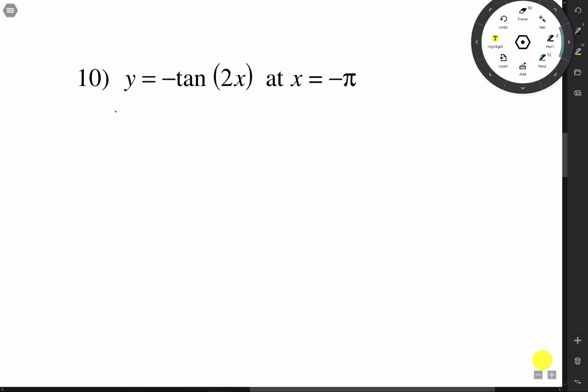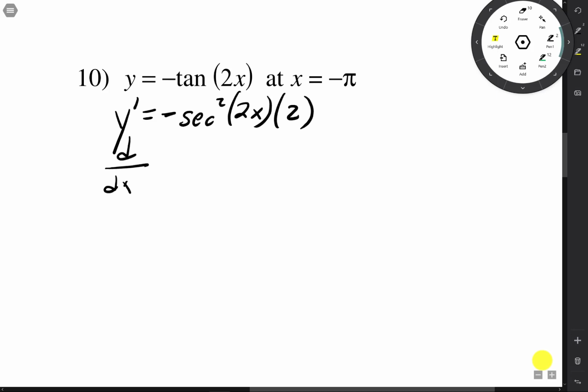And again, we're not concerned about the constant. The negative 1 will just be multiplying by the derivative of tangent. The derivative of tangent is secant squared. Leave the inside be, multiply by the derivative of the inside. Then when x is negative pi, we'll have negative secant squared of negative 2 pi times 2.